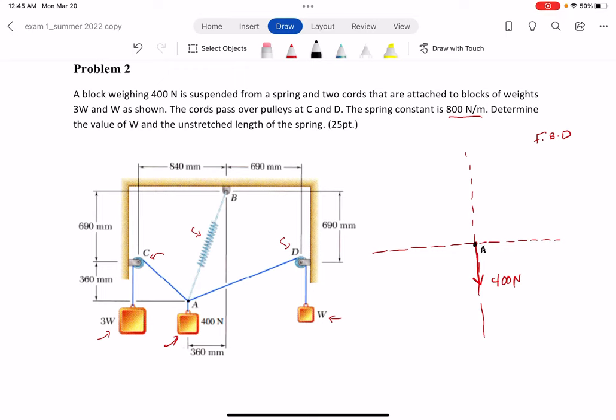There is the tension AD, but you can see that tension AD is the same as W, so I'm going to put W. And there's another tension AC, which is 3W.